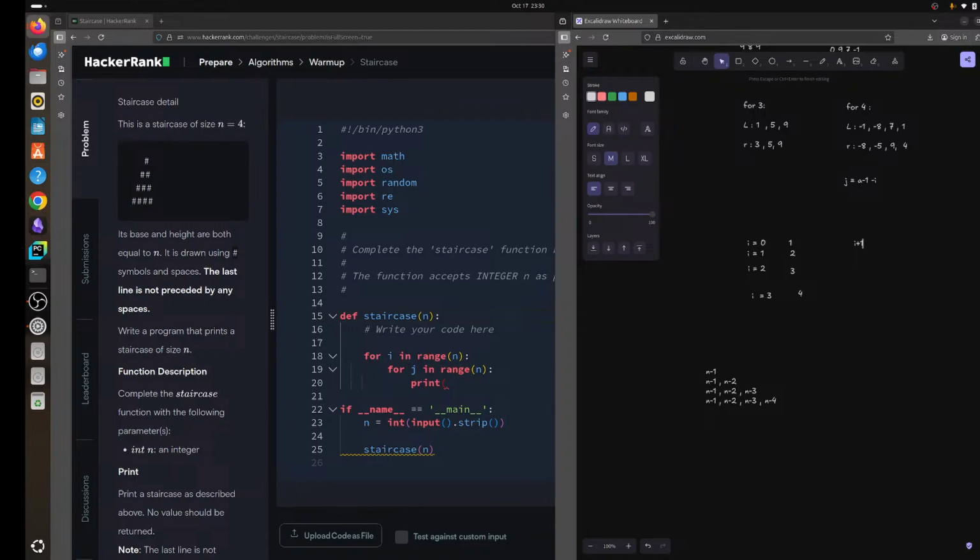We can use one loop to traverse through the rows. We need to print the last row, meaning the n minus 1 row, and all other rows will be 0. So same, if j equals n minus 1, then only it will print 1 star.